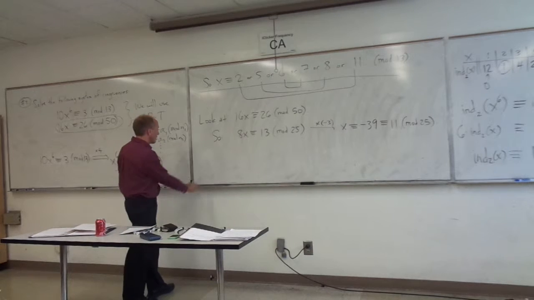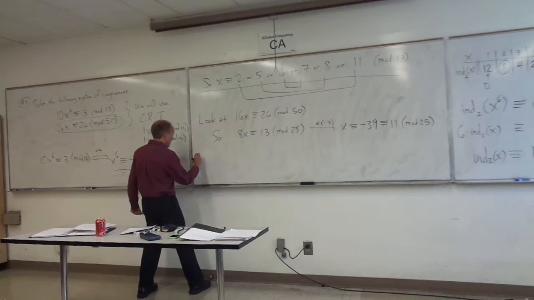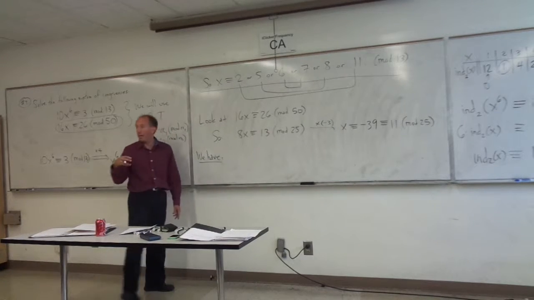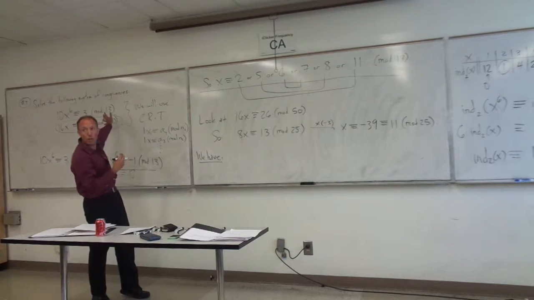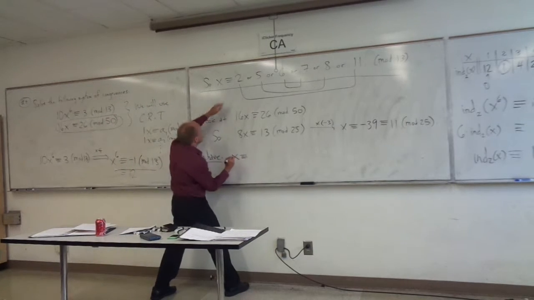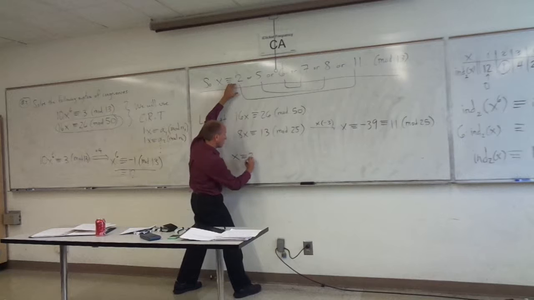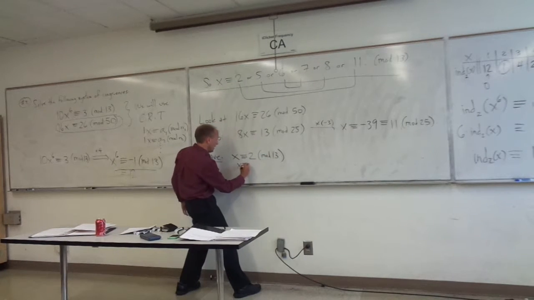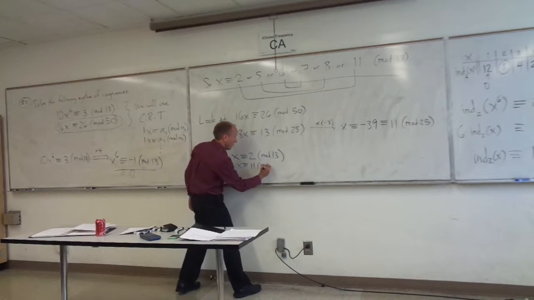So we have a number of simplified versions of the original two congruences. One of them, I'm going to just take the first one up here: x is congruent to 2 mod 13, and x is congruent to 11 mod 25.